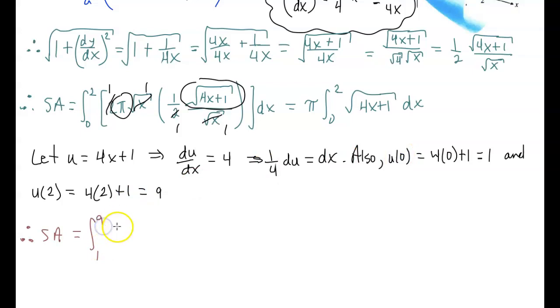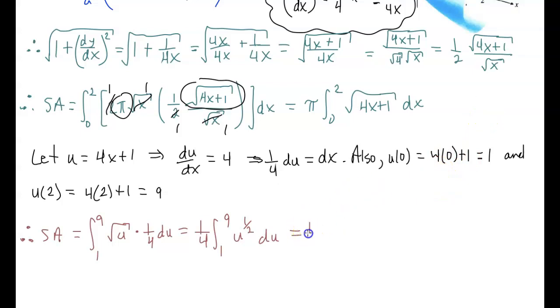So 1 to 9, and we have here square root of u, and in place of dx, we have 1/4 du. And of course, if we rewrite all of that, we could write it this way as 1/4 integral from 1 to 9 of u raised to the 1/2 du.